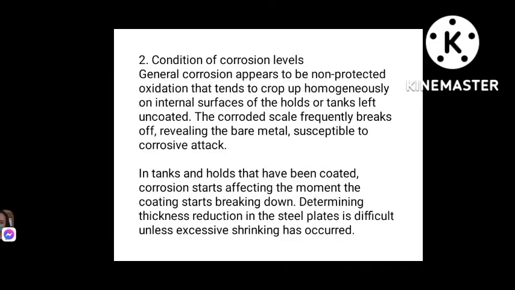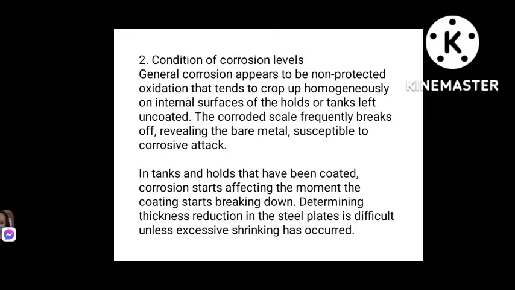Second is condition of corrosion levels. General corrosion appears to be non-predictive oxidation that tends to crop up homogeneously on internal surfaces of the holds or tanks left uncoated. The corroded scale frequently breaks off, revealing the bare metal susceptible to corrosive attack.